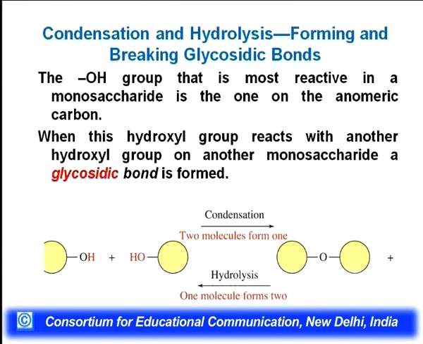So what we find here is that the monosaccharide here, this one which is acting as the sugar molecule or the glycan part, the hydrogen from here as proton reacts with the OH of the alcoholic group of the second monosaccharide, which is acting as an alcohol, and a water molecule is eliminated, resulting in the formation of a disaccharide along with a water molecule.